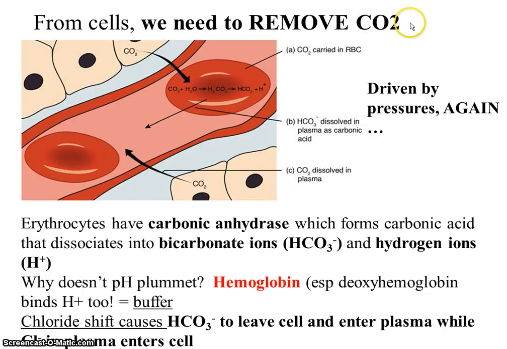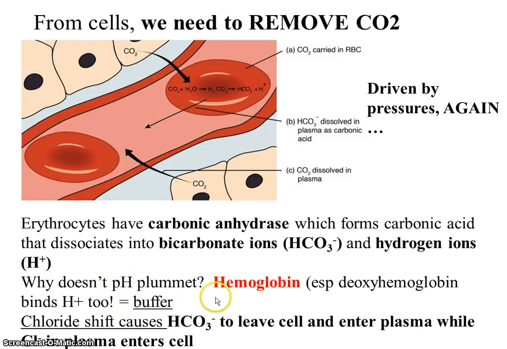All right? So we've got to get this out from the cells. We need to remove the carbon dioxide. So again, we said driven by pressures. And this is elaborating. So there's our 3 ways. How do we do this? Well, it's always higher here in the cells than it is in the blood. All right, erythrocytes then. These blood cells have this enzyme, carbonic anhydrase, which forms the carbonic acid. So it increases the rate of this reaction, making a lot of this quickly. This carbonic acid becomes bicarbonate and hydrogen.